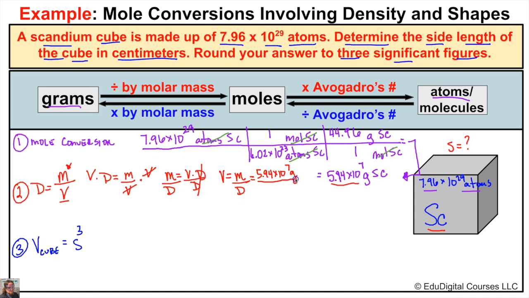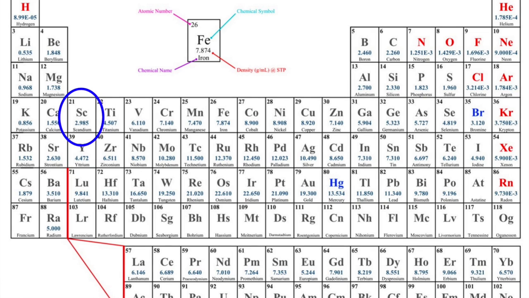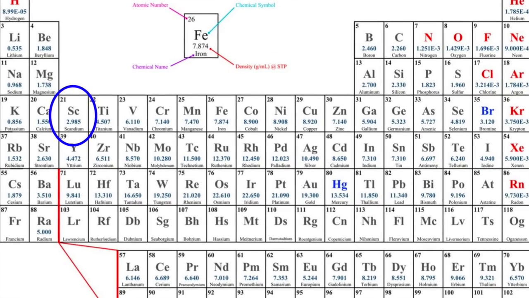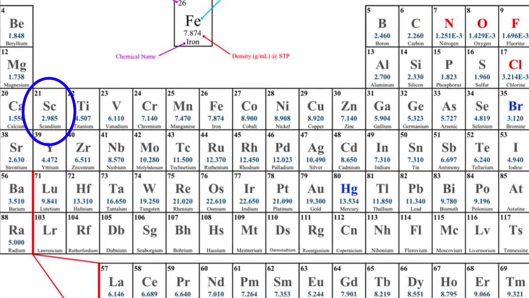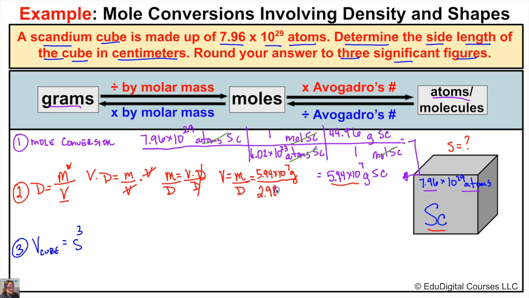And if we take a look at the table that just popped up, you can see that the density of scandium is going to be 2.985 grams per cubic centimeter. So what ends up happening is grams in the numerator and in the denominator cancel out.